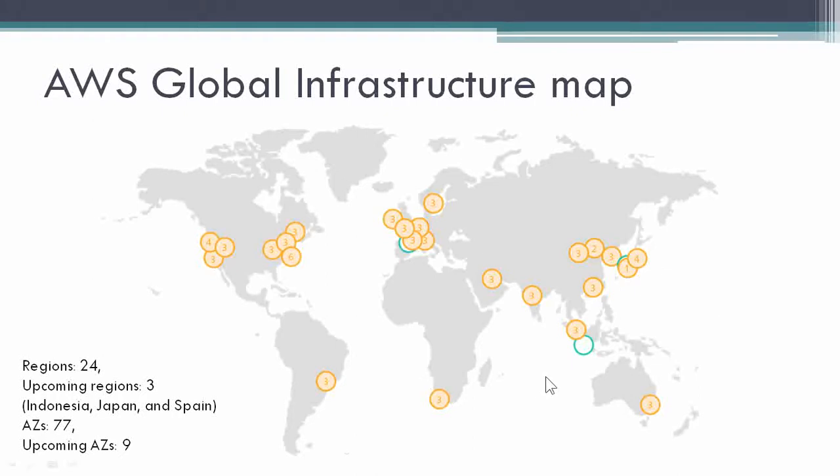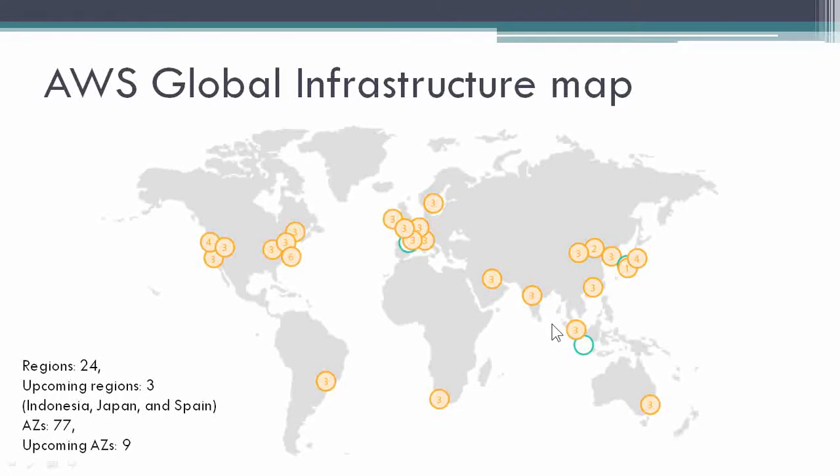You can see in this blue color, these indicate the upcoming regions. Three new regions are coming, in Indonesia, Japan, and Spain. So three regions are upcoming, and currently there are 24 regions available.